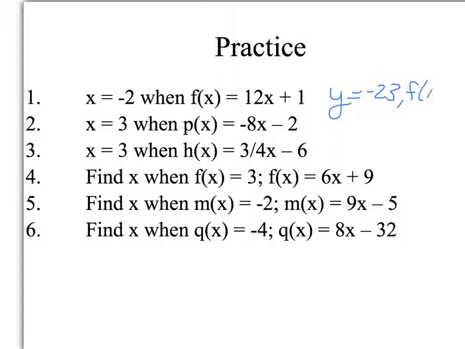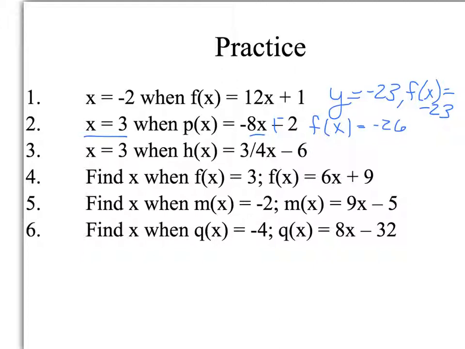So f of x equals -23. Remember to change it back to the f of x. Second problem, same sort of thing. This time I'm plugging 3 in for the x. That gives me -24, and -24 plus -2 is -26. So f of x equals -26.